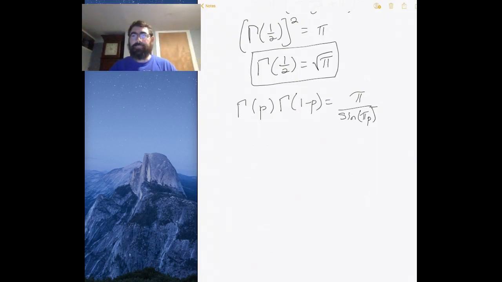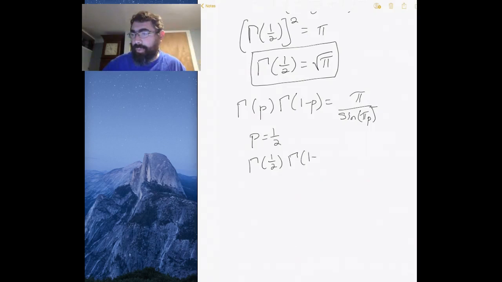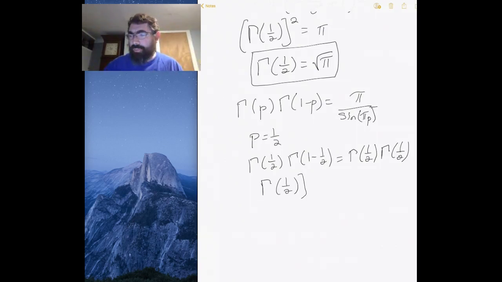Okay. So we could test this out with our 1/2. If we let p equal 1/2, then we would have gamma 1/2 times gamma 1 minus 1/2. And that's basically equal to gamma 1/2 times gamma another 1/2. So that's our gamma 1/2 quantity squared. And so that's equal to pi over the sine of pi over 2.